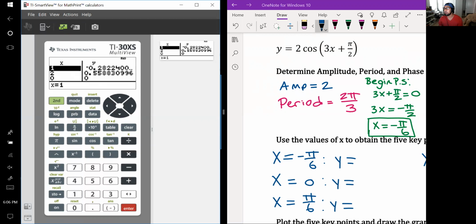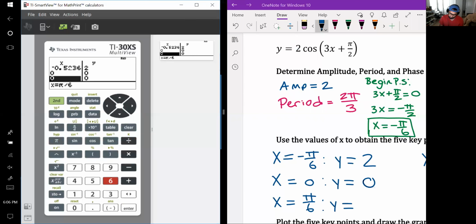And now we're going to type in the exact x values you see on the paper to your right. So negative pi over 6 gives me 2. 0 gives me 0. Pi over 6 gives me negative 2.